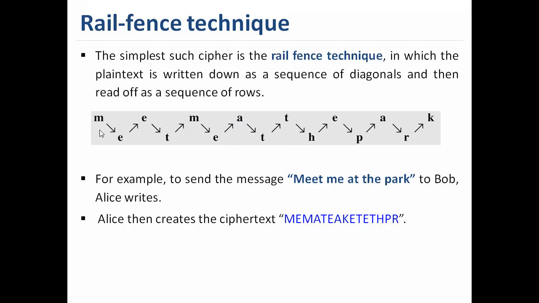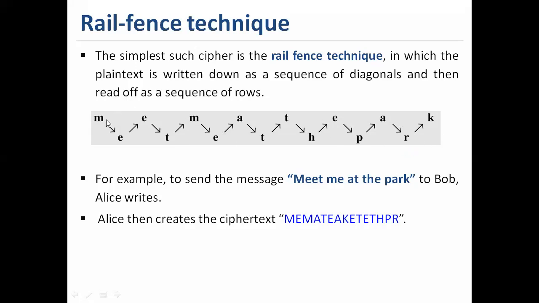MEETMEATTHEPARK. As shown by the arrow, in a diagonal way we write every character apart. First we write in the upper row in the usual way, and the next character at the next diagonal level. Once again, in a diagonal zigzag way, we write each and every character as well.